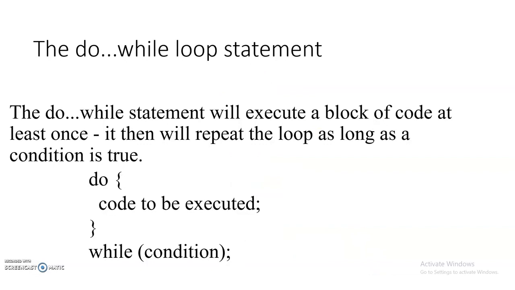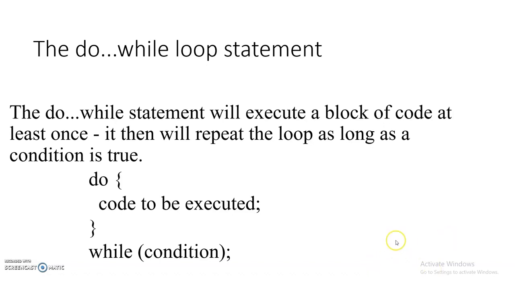Next is the do while loop. The do while statement is an exit control loop statement, which means that it first enters the loop, executes the statements, and then checks the condition. Therefore, a statement is executed at least once using the do while loop. After executing once, the loop is executed as long as the condition holds true.